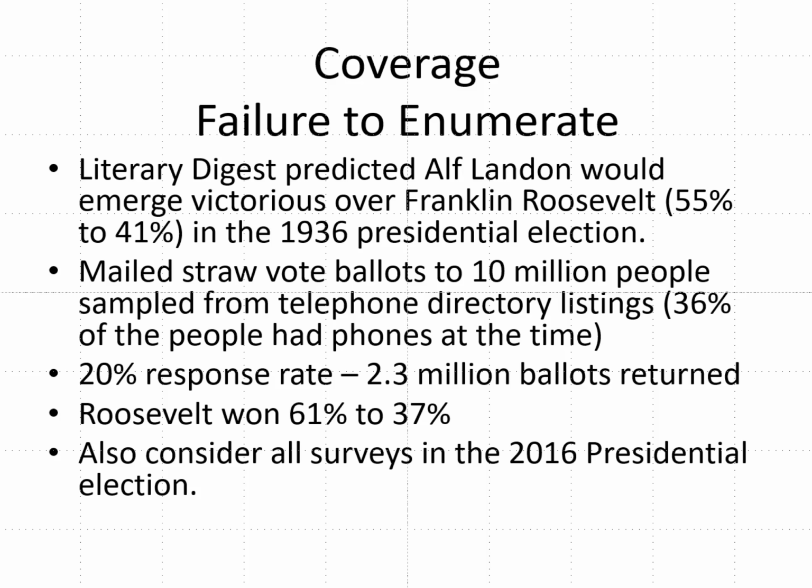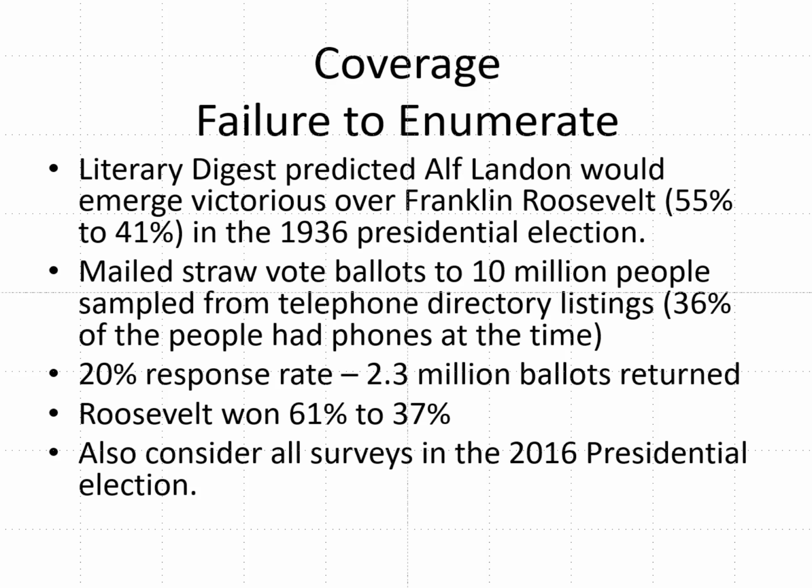So first, let's talk about coverage. A failure to enumerate. So there's an old example. Literary Digest a while back predicted Alf Landon would emerge victorious over Franklin Roosevelt, 55% to 41%.